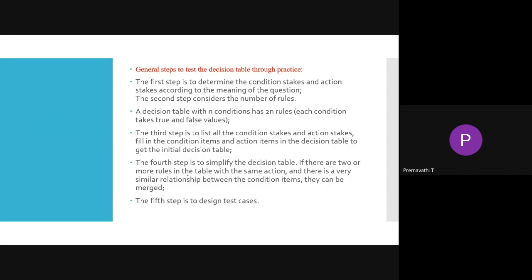Third step, you have to list all the conditions and actions and fill in the condition items in your decision table. Fourth step, you have to simplify where there are multiple rules with the same action. There we have to find the relationship between the condition terms, and we have to find the test cases.